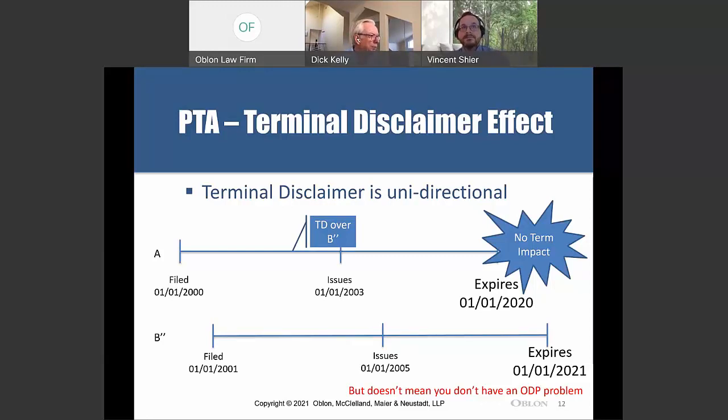Yeah, for many years, predating my time with the patent office and afterwards, the concept was that if you had an ODP situation, what you would require is a terminal disclaimer in both applications, or if one was a patent, in the patent as well, such that they both were going to expire at the same time.